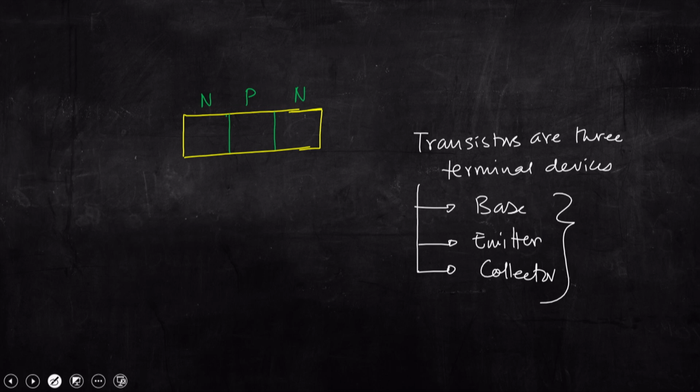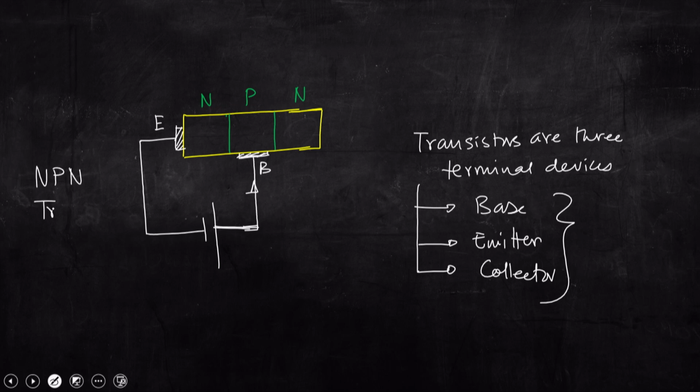Now, this is base, and if we draw the circuit, this is emitter. So, this is base, this is emitter. So, this is NPN transistor.